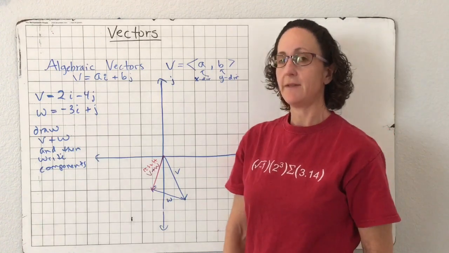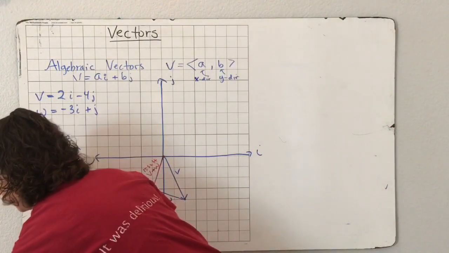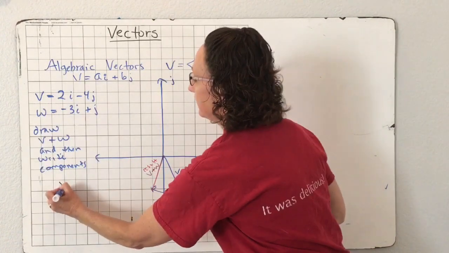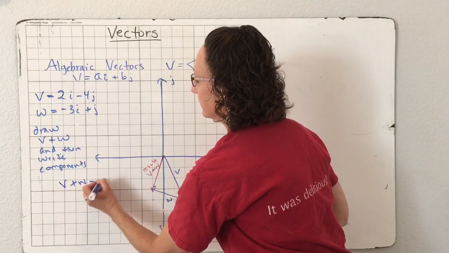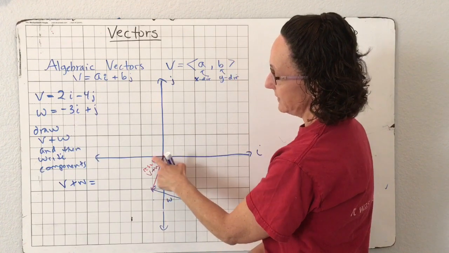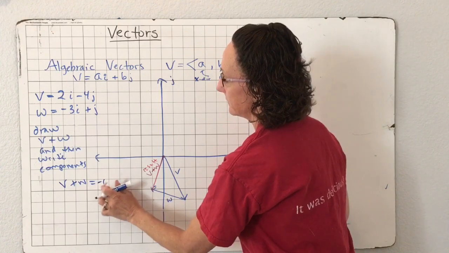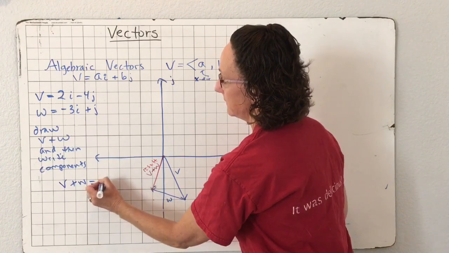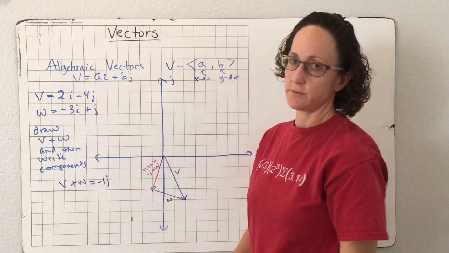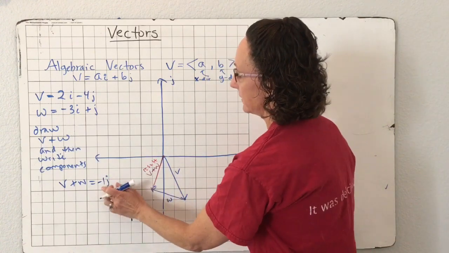Okay, and then if I asked you to write the components for that, you would say that v plus w equals... so from here to get to the end, you go negative 1 in the j direction. Sorry, I messed that up.